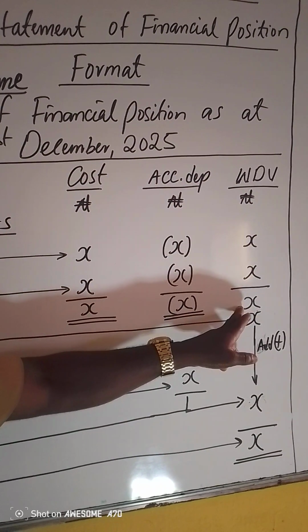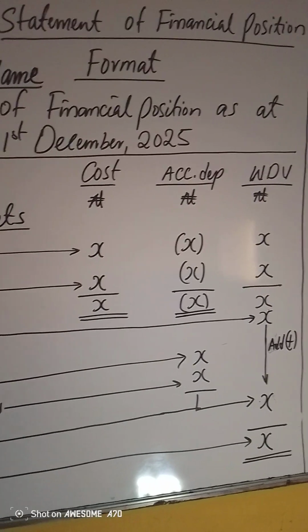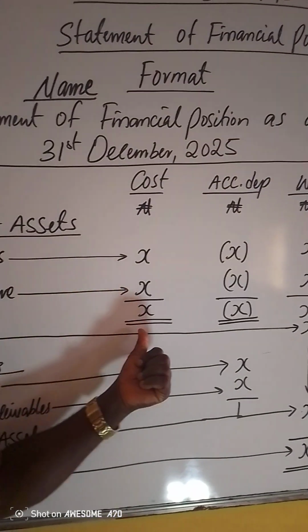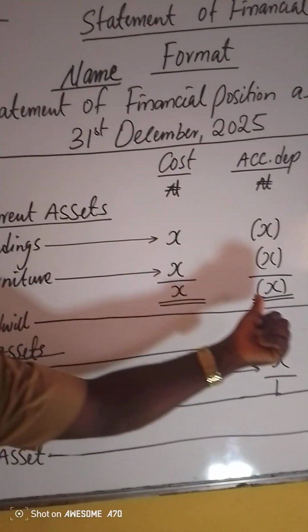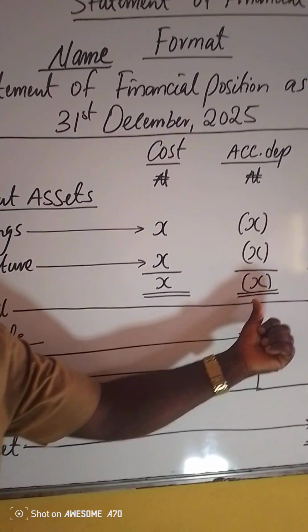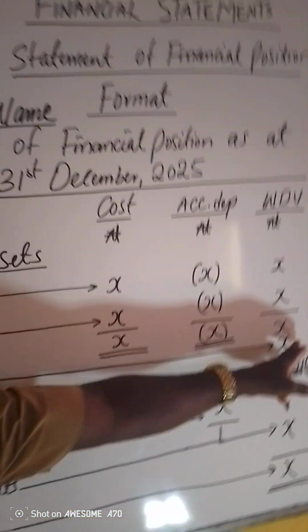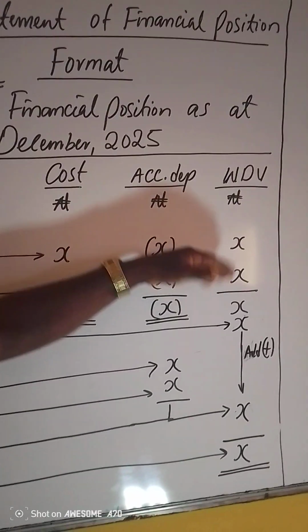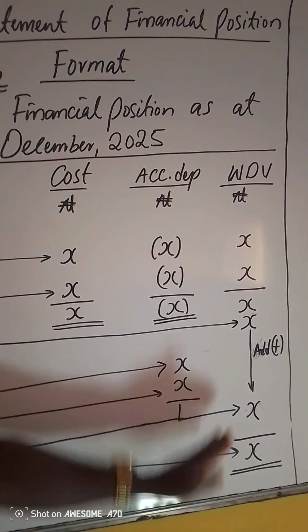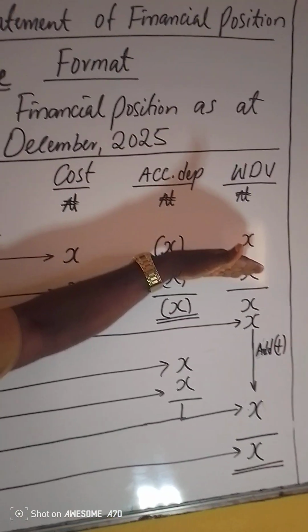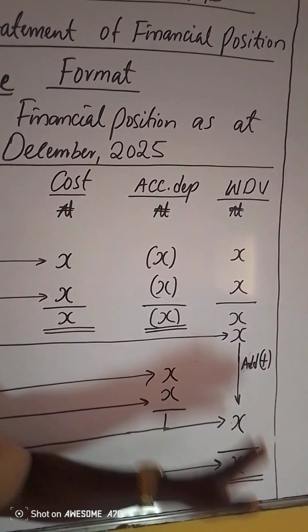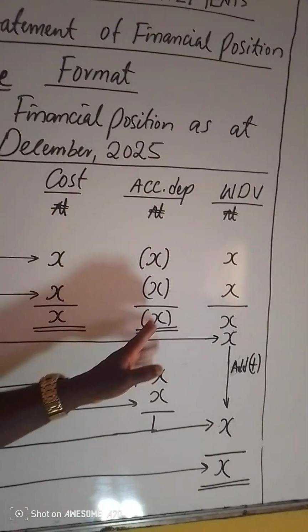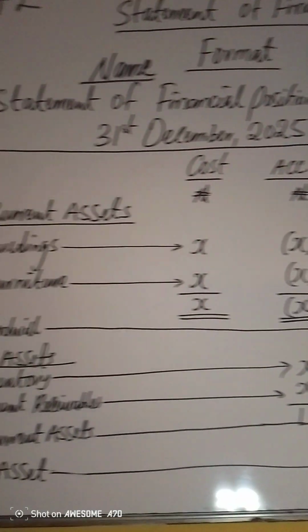But the format is clear that you must close the cost and the accumulated depreciation, and leave the last one open. Please don't close the last one, because this is what links the non-current assets with the current assets and the rest.